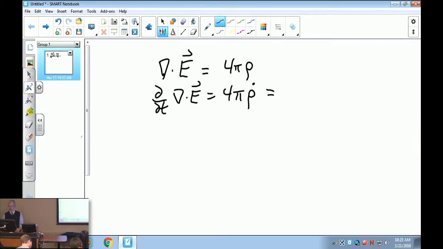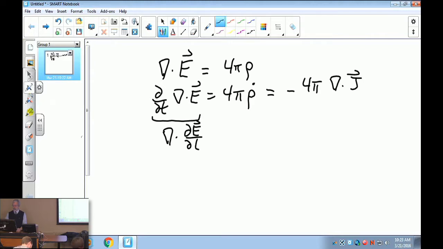And rho dot, by the continuity equation, is related to the divergence of J. The other manipulation here is to notice that the time derivative and the spatial derivative commute. The order of second derivatives doesn't matter. We found this when we take second derivatives of functions of multiple variables. So we can rewrite this as the divergence of the time dependence of E like this.